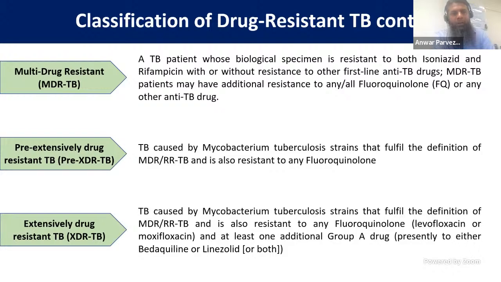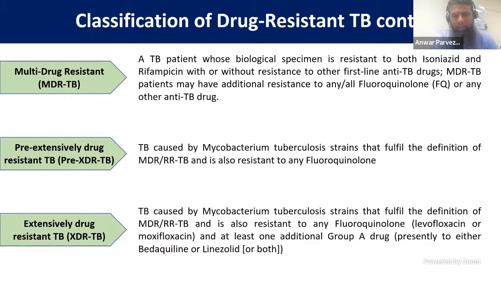drugs. Then pre-XDR is another term which people recently started using, for patients who have MDR-TB and along with that resistance to any of the fluoroquinolones, like Levoflox, for example.